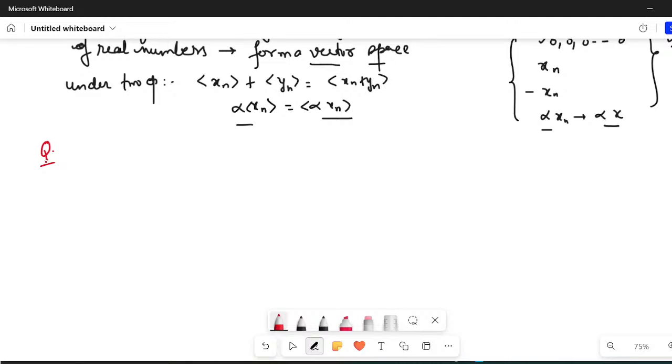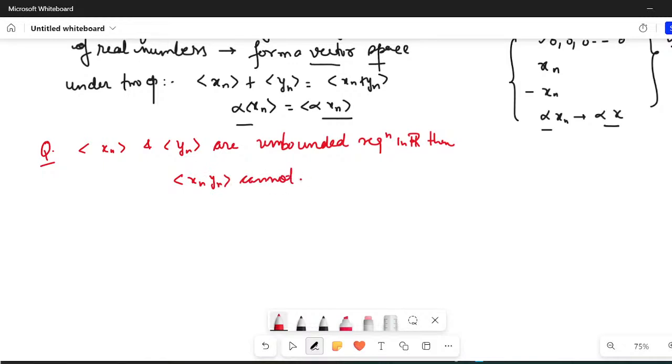So let's say both xn and yn are unbounded sequences in R, then xn yn cannot be convergent.